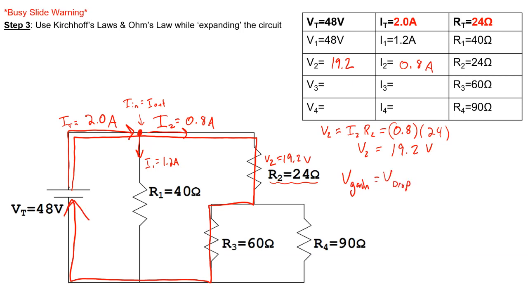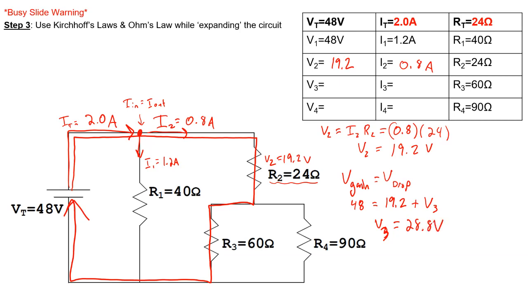So in the loop that I've drawn, our gain through the battery is 48 volts, and that has to be equal to the drops. In the line that we've drawn, we go through resistor number 2, where we drop 19.2 volts, and then we also have to add the voltage drop across resistor number 3. If we plug and chug for the voltage drop across resistor 3, we'll get 28.8 volts.